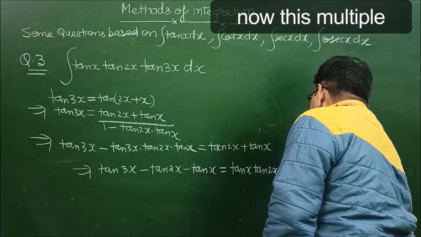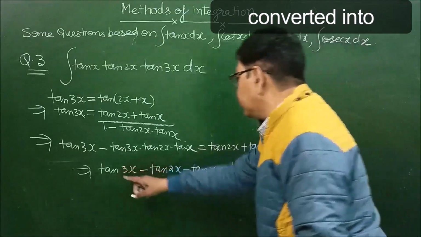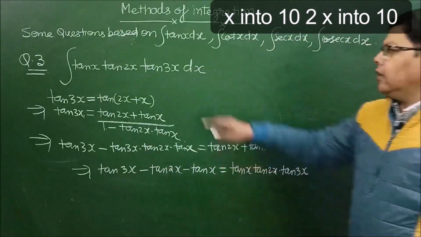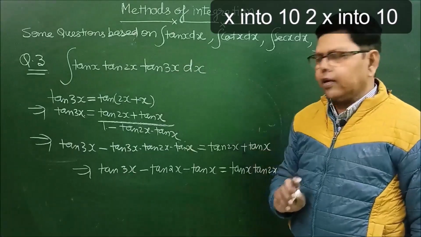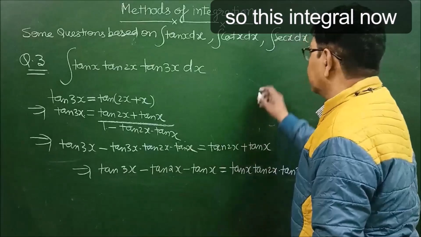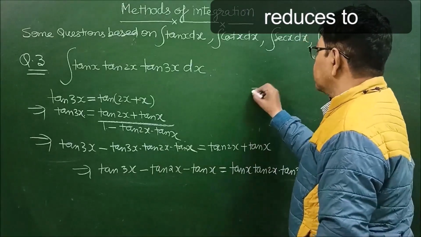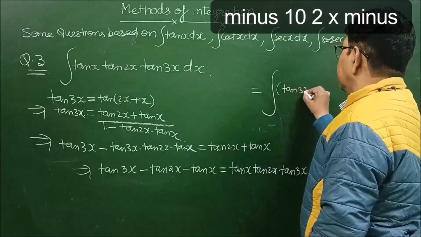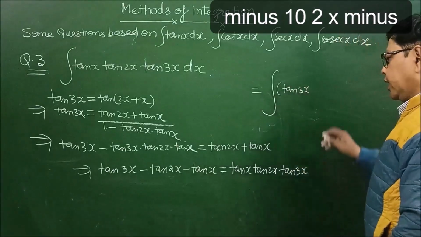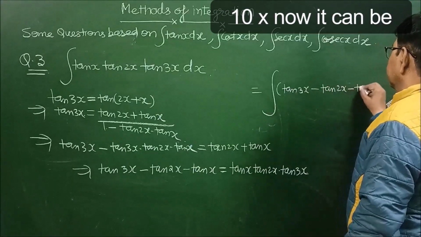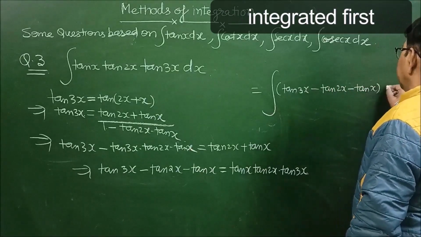Now this multiple form has been converted into minus form, so we can replace tan x into tan 2x into tan 3x by tan 3x minus tan 2x minus tan x. So this integral now reduces to integration of tan 3x minus tan 2x minus tan x. Now it can be integrated.